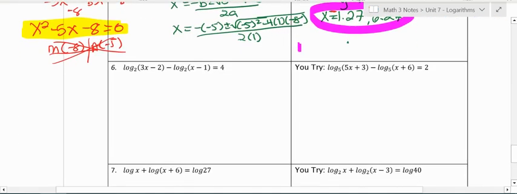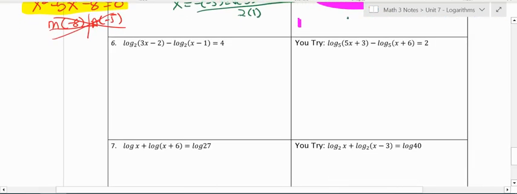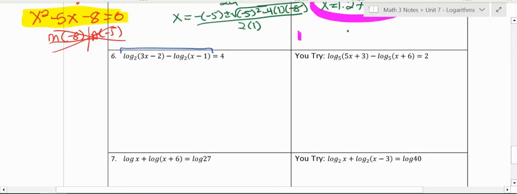Our last example here, or last two we have, so the first one, I actually have to do a little bit of condensing. So I have two different logs, and notice the other one had a log equal a log. This one has two logs and a value, so I'm going to rewrite this. I'm doing subtraction, so this is the same as rewriting it as division.